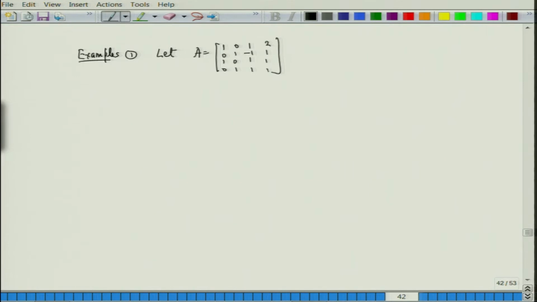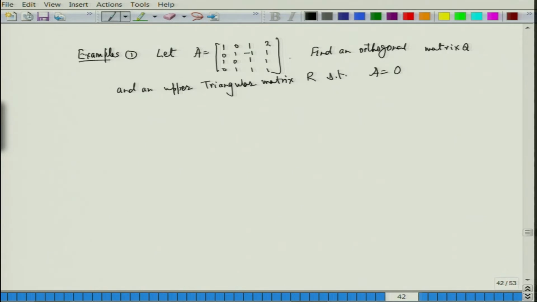The question is, find an orthonormal matrix Q. I write it as orthogonal because that's the way it's written there, the orthogonal matrix Q, and an upper triangular matrix R such that A is equal to QR.